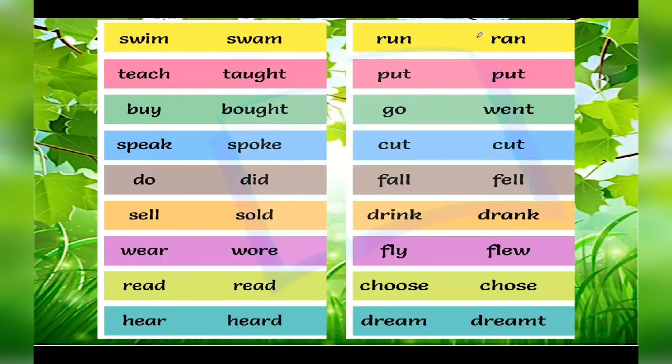Run, ran. Put, put. Go, went. Cut, cut. Fall, fell. Drink, drank. Fly, flew. Choose, chose. Dream, dreamt. Okay, these were a few of the examples for you. I hope you all will learn it.